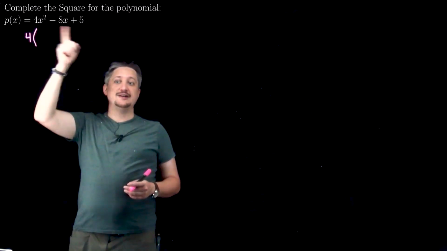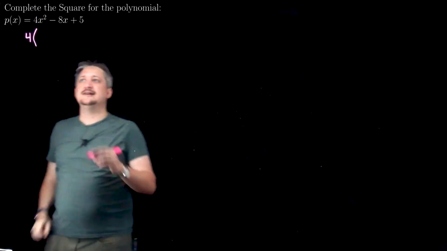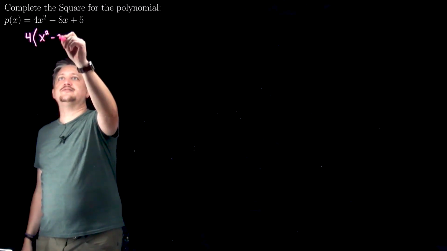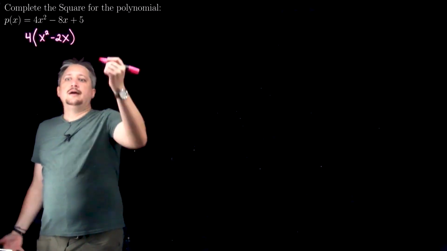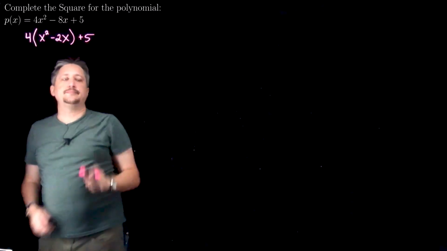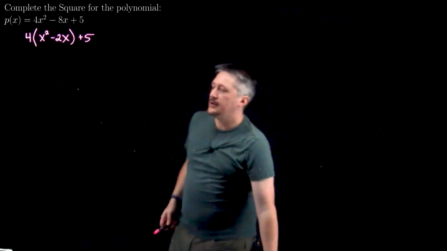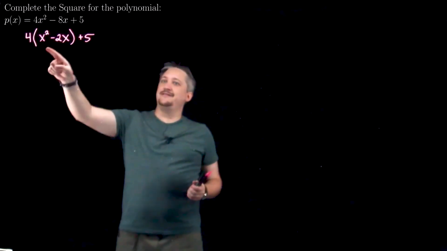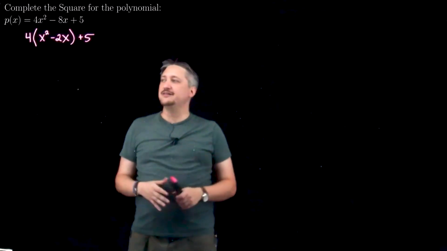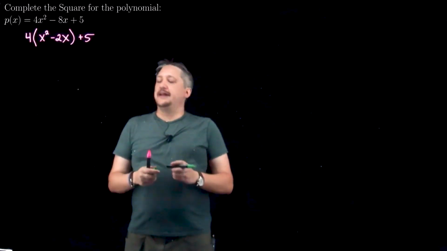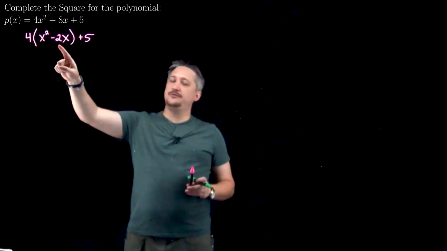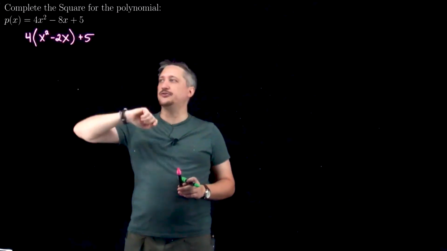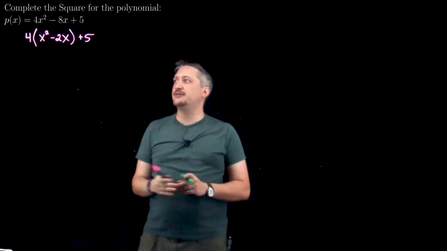So since this is a 5, I'm dividing by 4. It doesn't work nicely. So I'm just going to do it out of the first two terms to get x squared minus 2x. And I still have that plus 5, right? Now, the next step, right, now that I have that leading coefficient of 1, the monic polynomial, I need to take the coefficient in front of the linear term, or the b term, if that's how you like to think of it.